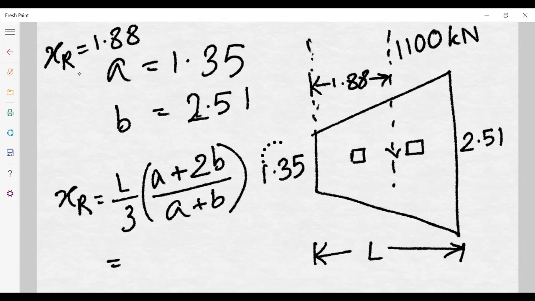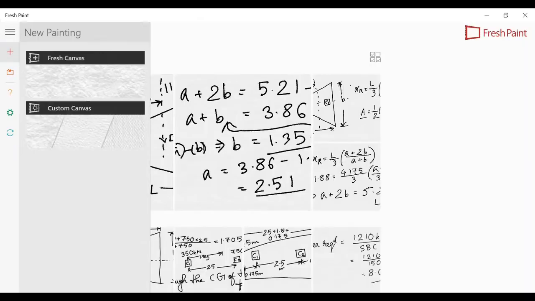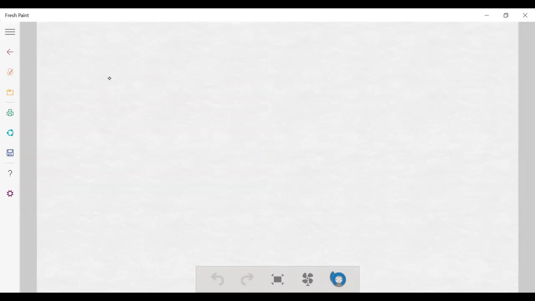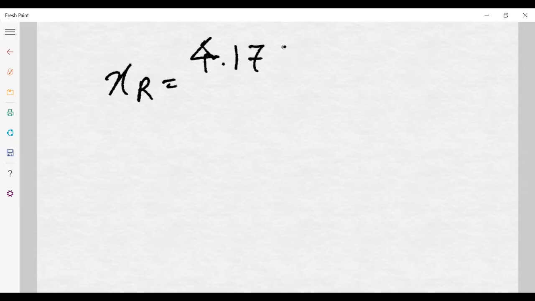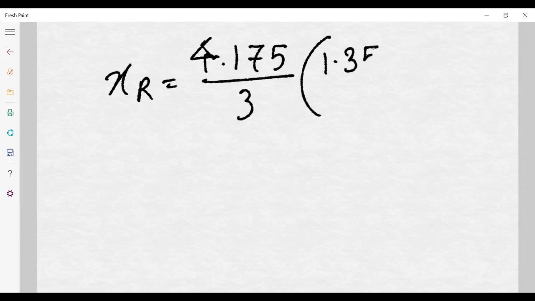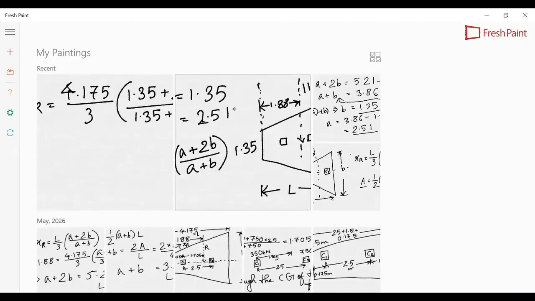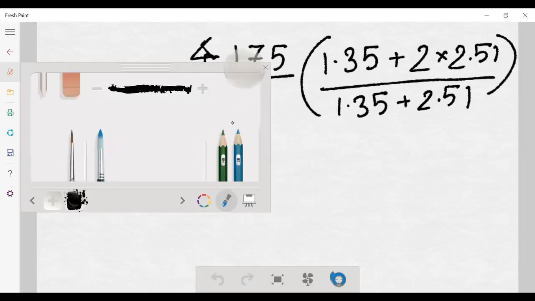Okay, so XR equal to 4.175 by 3 into (A plus twice B), 1.35 plus 2 into 2.51, by 1.35 plus 2.51. Just checking it. A was 1.35 and B was 2.51. So L by 3.